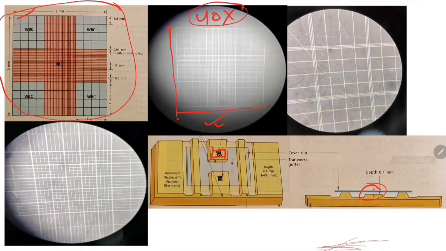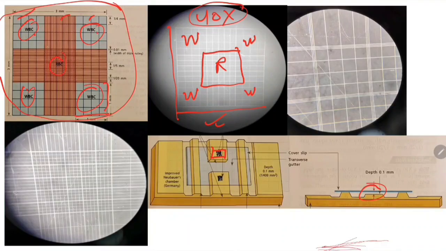This area is the WBC counting area, these 4 areas are the WBC counting area, and this is the RBC counting area. Here you can say this is the RBC counting area, and these 1, 2, 3, 4 are the WBC counting area. So the WBC counting area is 1 millimeter into 1 millimeter, into 4.